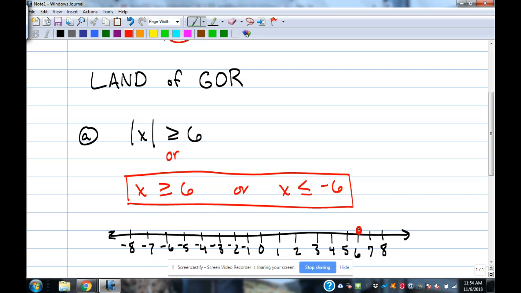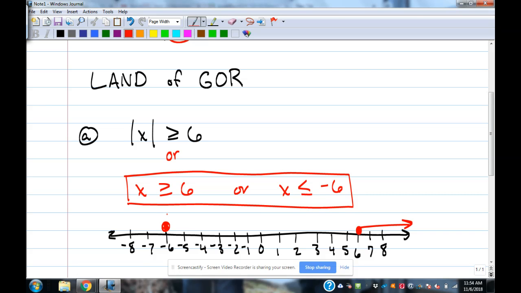Filled in, because it has an equal to mark. x is greater than or equal to 6, so we're going to go to the right from that dot, toward the numbers greater than 6, like 7 and 8. And then above the negative 6, open or filled in? Filled in.